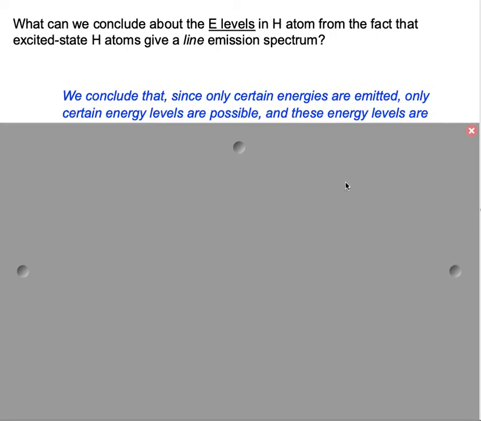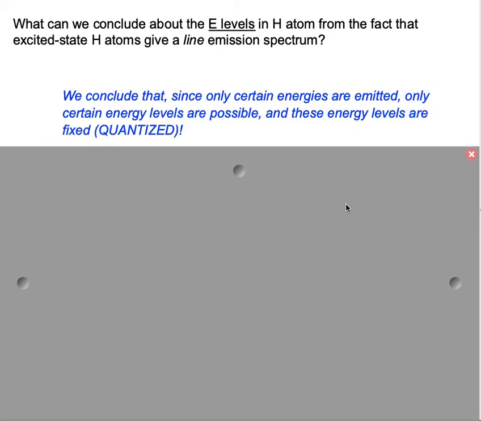Now, here are two very important questions. Number one, it's basically the same question asked two different ways. What can we conclude about the energy levels in the hydrogen atom from the fact that excited state hydrogen atoms give a line emission spectrum? We conclude that since only certain energies are emitted, only certain energy levels are possible, and these energy levels are fixed or quantized.